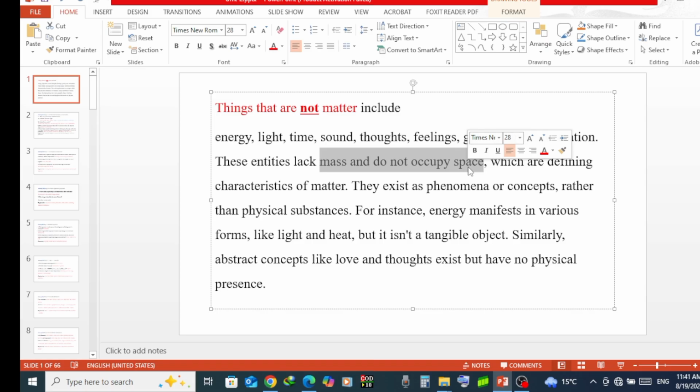So for an object to be called matter, there must be mass and occupying space nature. Otherwise it is not called matter.